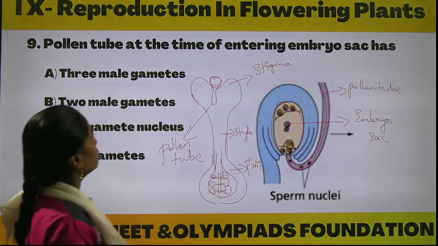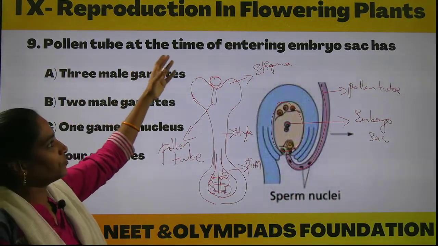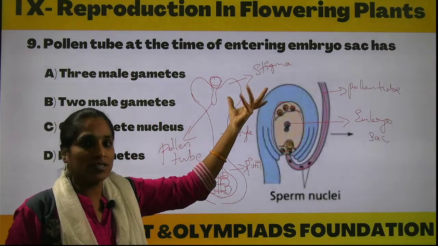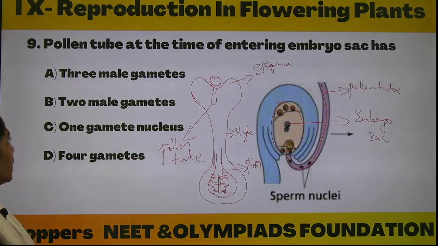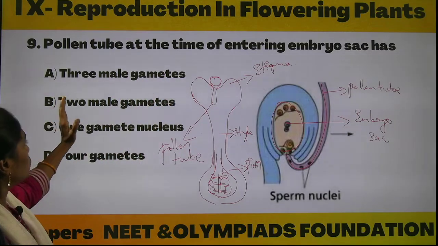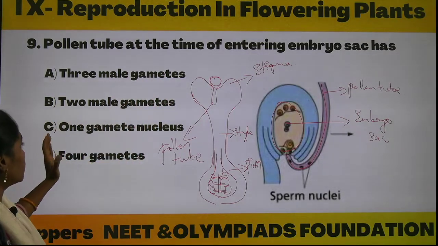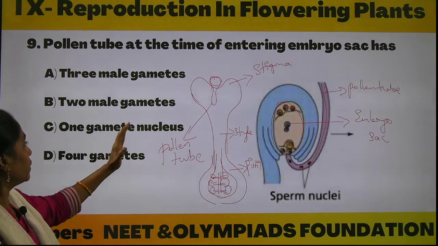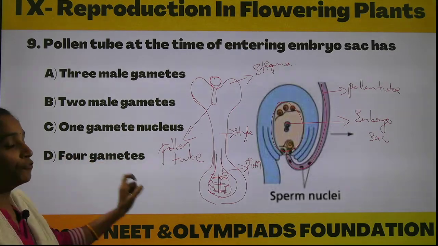What does the pollen tube have? It has 3 male gametes, 2 male gametes, one male gamete nucleus, or 4 gametes.